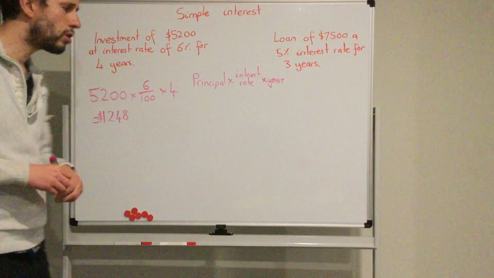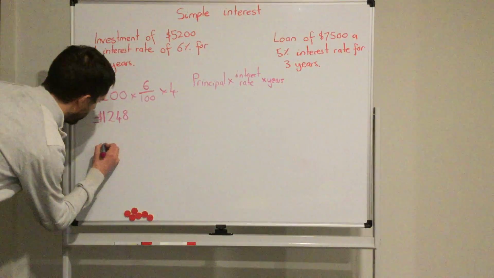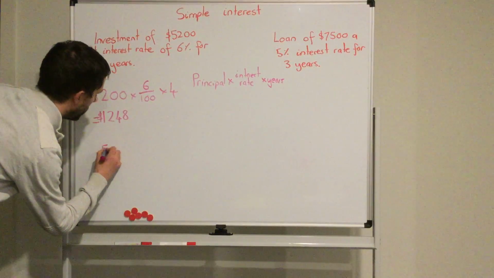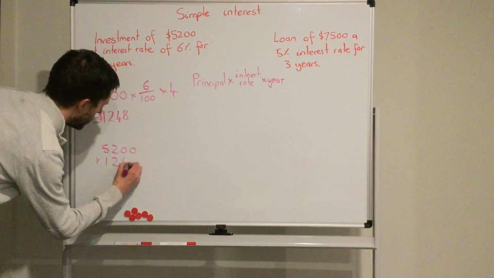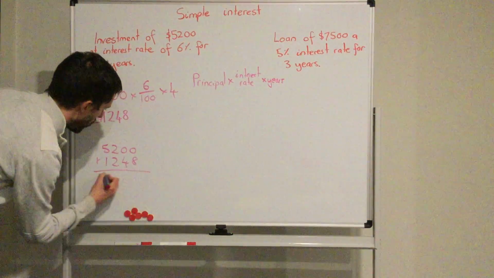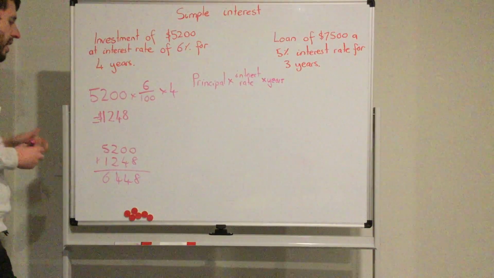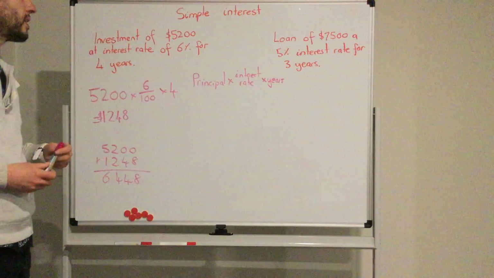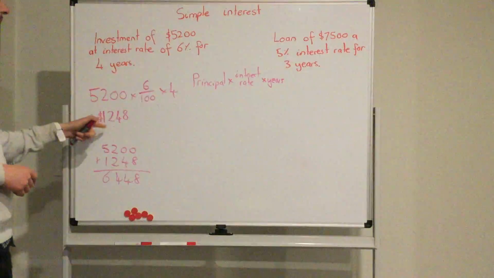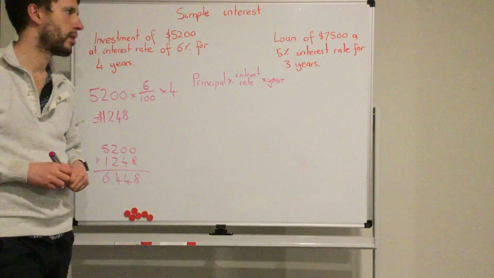So the total amount I end up with is 5,200 plus 1,248, which equals 6,448. And that's just adding the interest on top of my principal, what I started with.